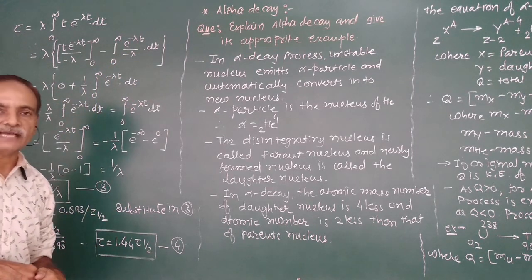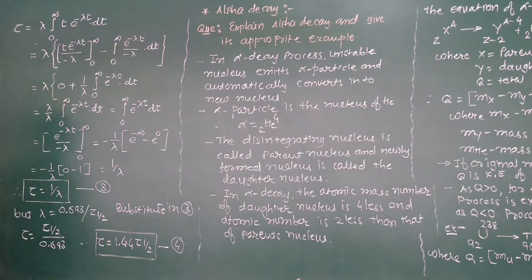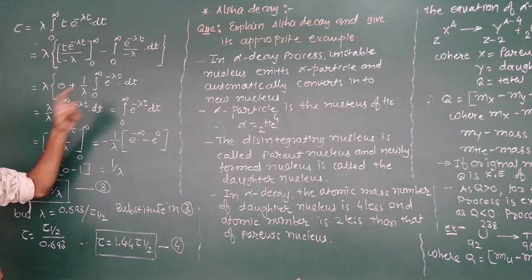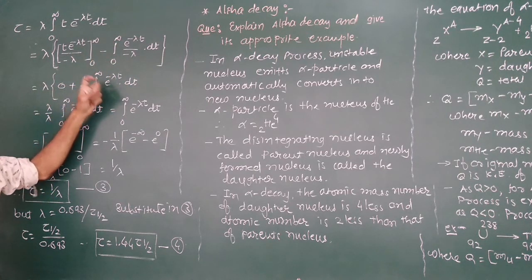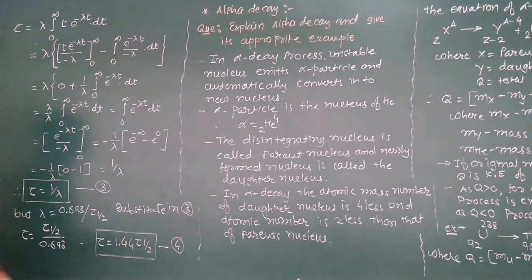Integration is taken by the law of integration by parts. As we substitute the limits 0 to infinity, the first term becomes 0. Now this negative becomes positive, 1 upon lambda as it is, integral 0 to infinity e^(-lambda t) into dt.